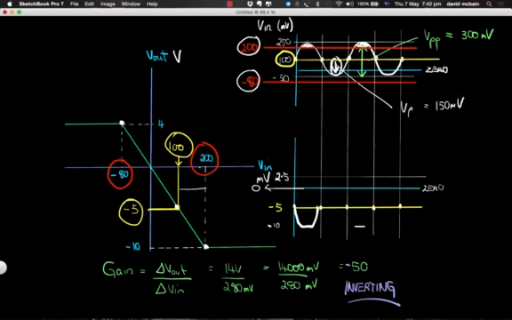We know that 150 millivolts is going to be amplified without being clipped. Our amplifying factor, our gain, is 50. So 150 multiplied by 50 is in fact 7,500, and that actually equals 7.5 volts.